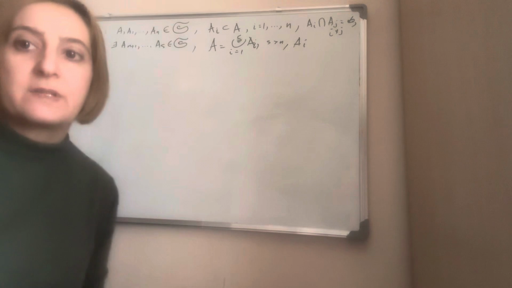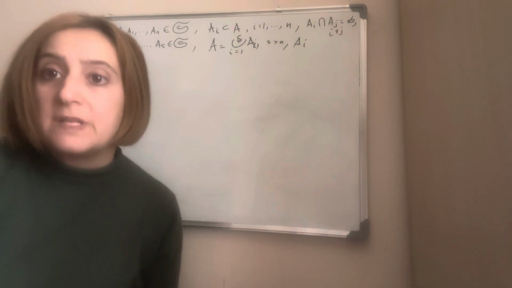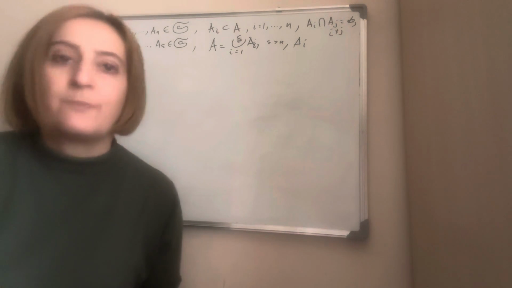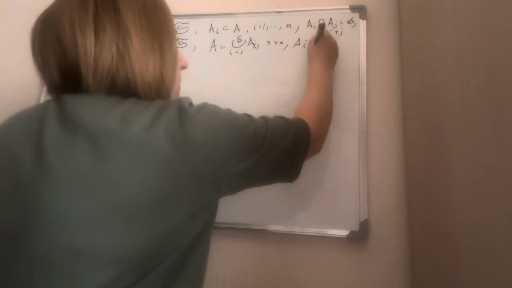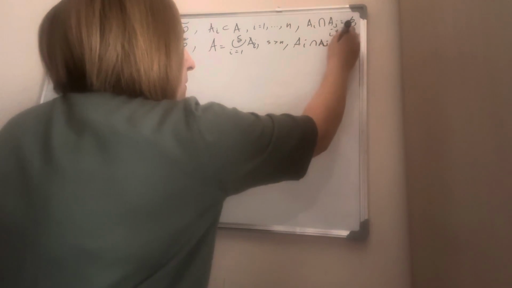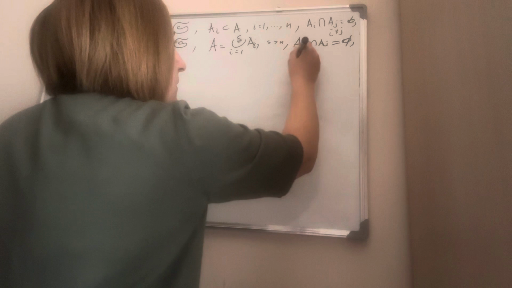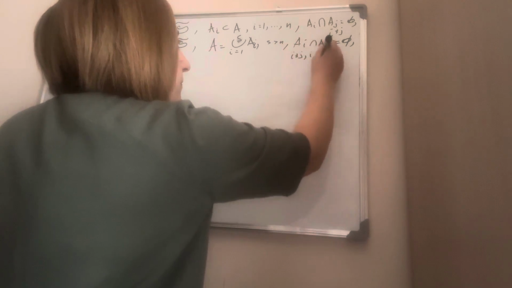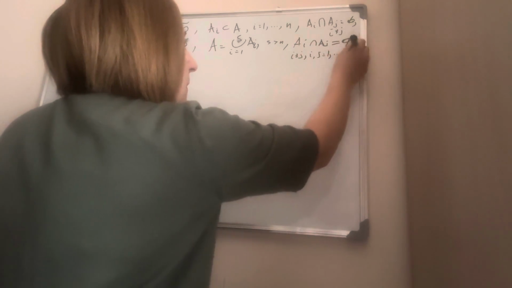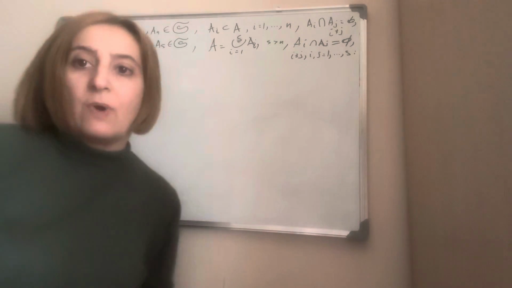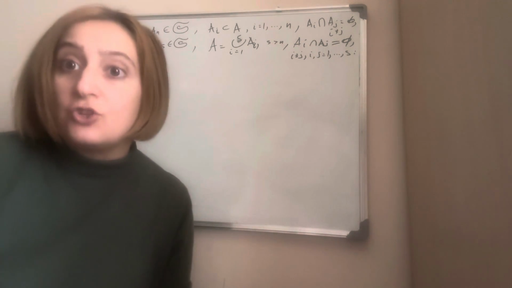So A equals the union of the sets from A1 to As. And the sets from A1 to As are mutually disjoint.